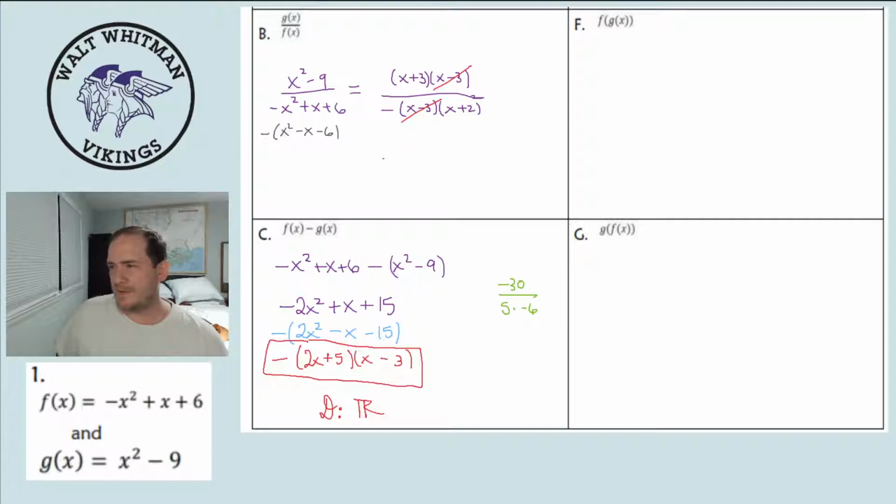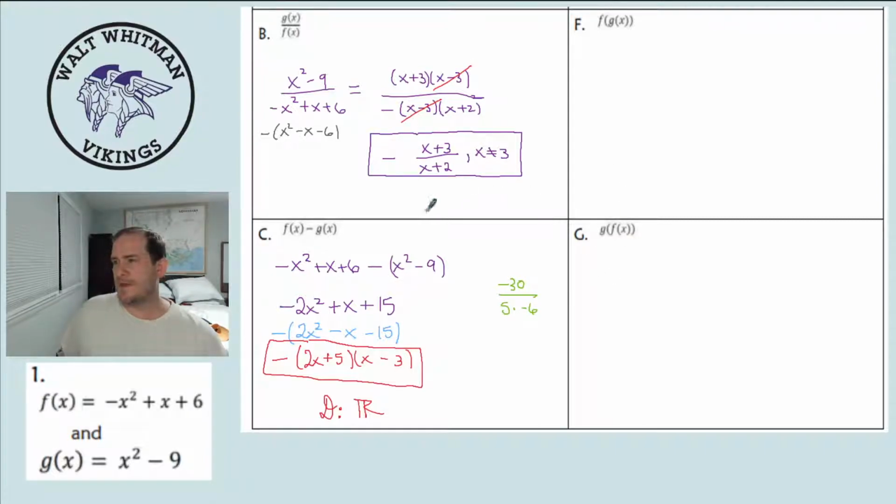But we saw a problem like this before too, and I mentioned that we're going to go x plus 3 in the numerator, x plus 2 in the denominator. But because we've canceled out the x minus 3, we've kind of lost some information about the fact that 3 should not be in our domain. So we express that. We say, hey, don't let x be 3, because that's supposed to cause a discontinuity. So you have to physically write it in there.